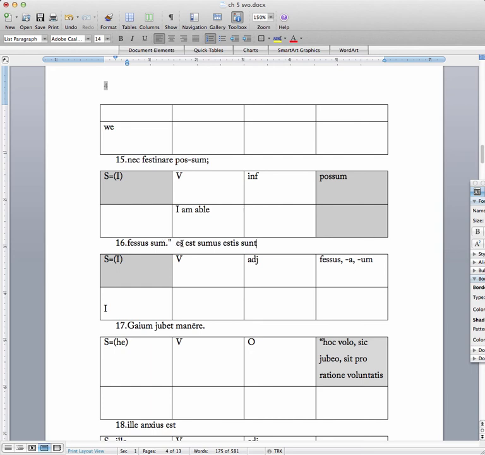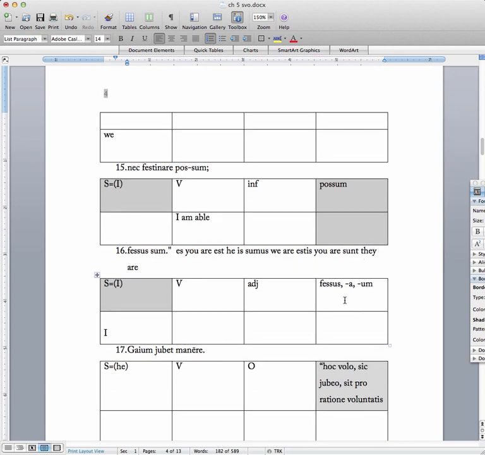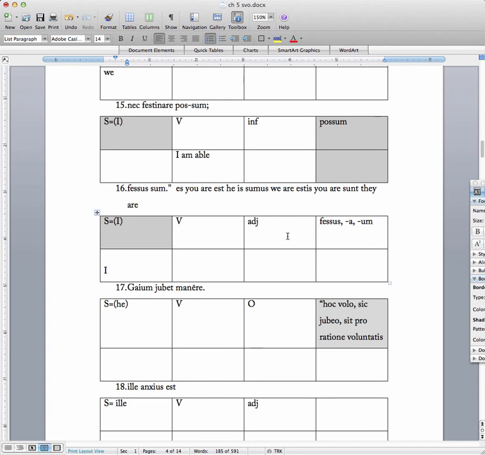I am, you are, he is, we are, you are, they are. They are, okay. The adjective goes to the right of the verb, and the noun, if there is one, goes to the left.